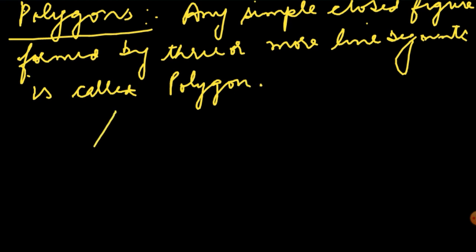Suppose this is triangle. So the smallest polygon is, how many sides it has, how many line segments it has? 1, 2 and 3. So the smallest polygon is triangle.